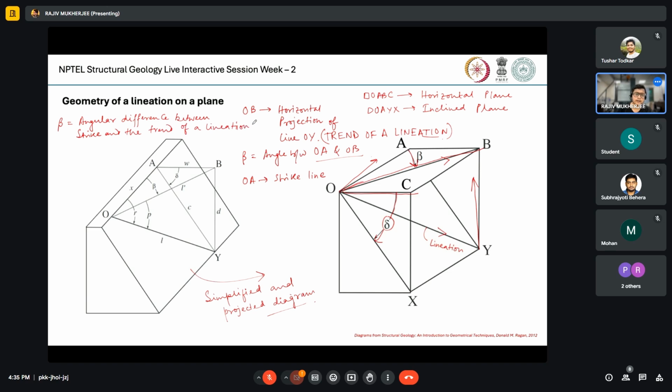Of course, a line cannot have a strike. I mean, a linear component, that is a lineation, cannot have a strike. Strike, by default of its definition, will always be of a plane. So strike of the plane. Okay. So we have the strike of the plane and we have the trend of the line.